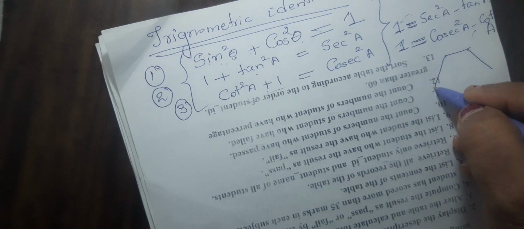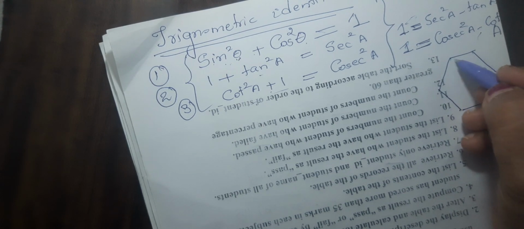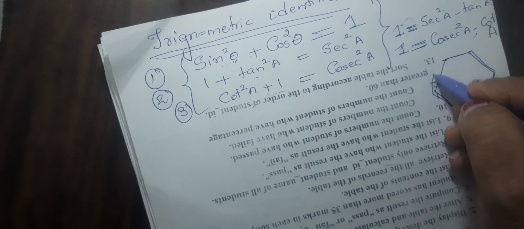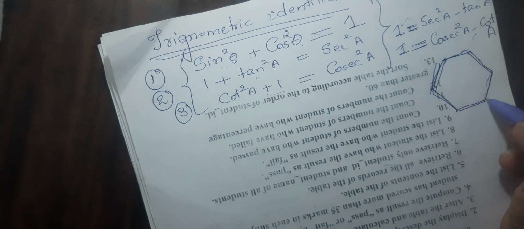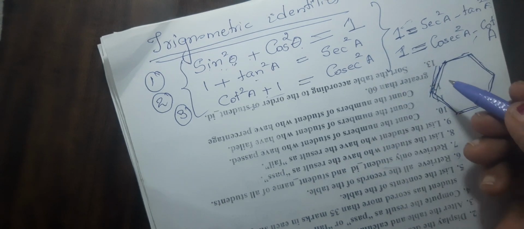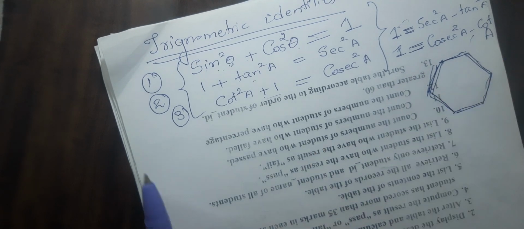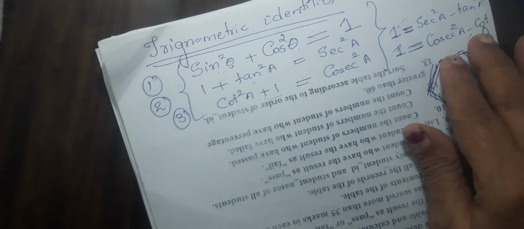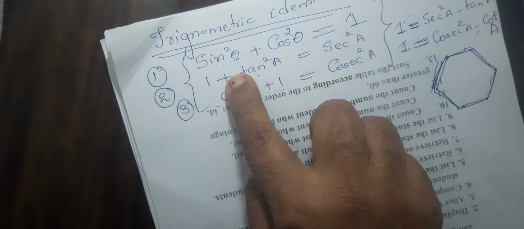You have to draw a hexagon, and by that you are going to learn something, and that will be sent to you. A video I'll be sending. By this hexagon you can remember all these identities, and so many other things also by the help of the hexagon. Let's see, in the next video I may show you that, or I may send it to you.